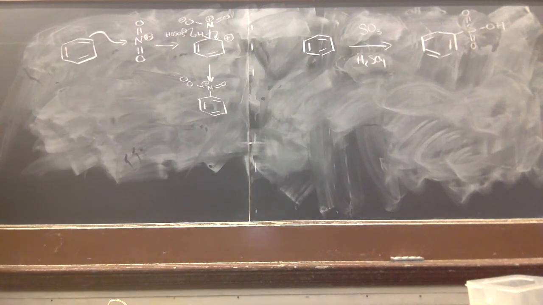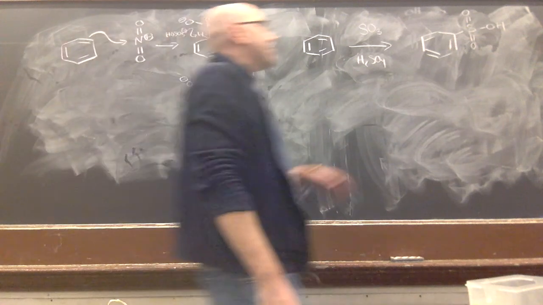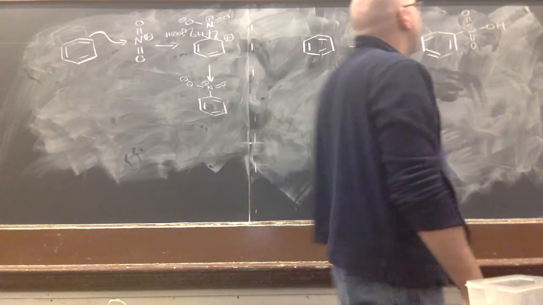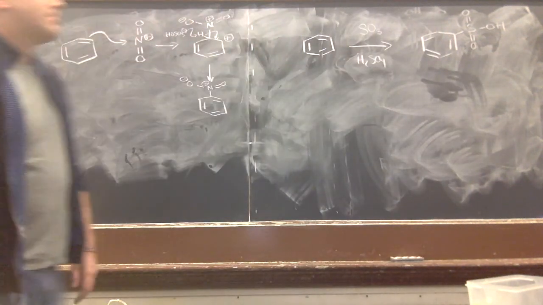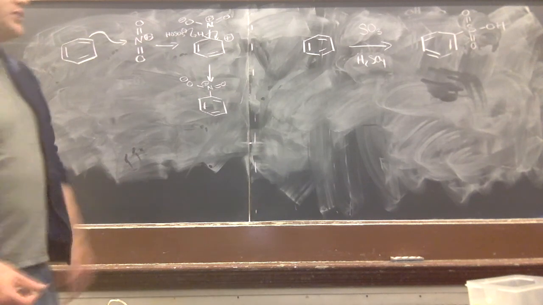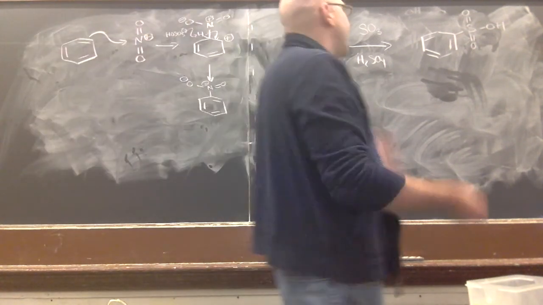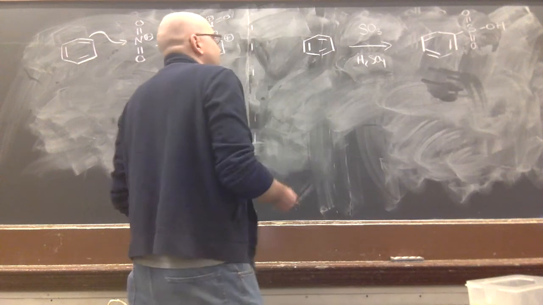All right, so this is going to be the synthesis of sulfonic acid. Okay, so this is a benzyl sulfonic acid. Again, we've seen the importance of these, for example, as acids in themselves, but they can be turned into other things, and so it's important sometimes.